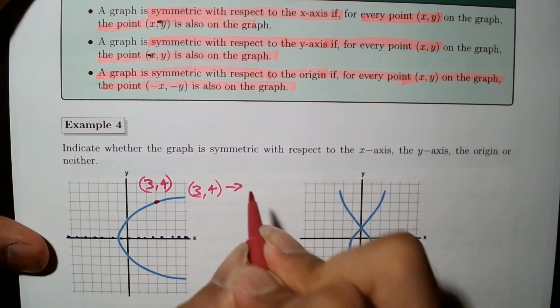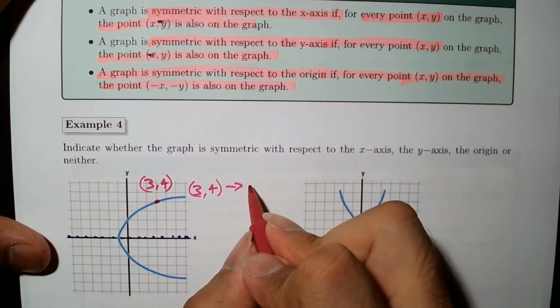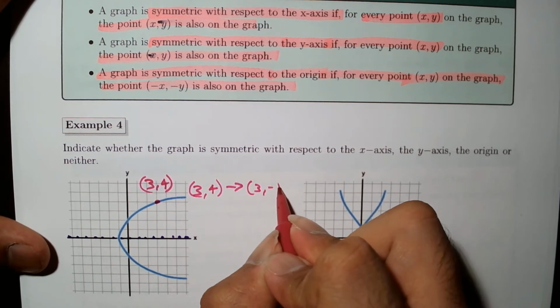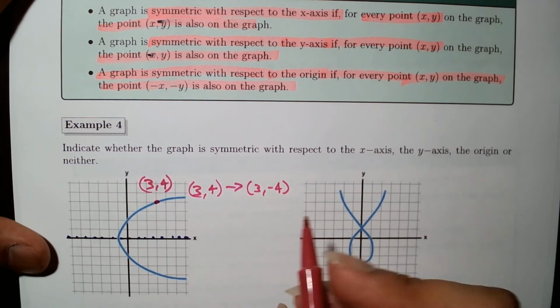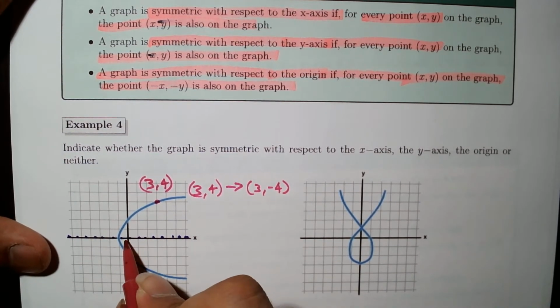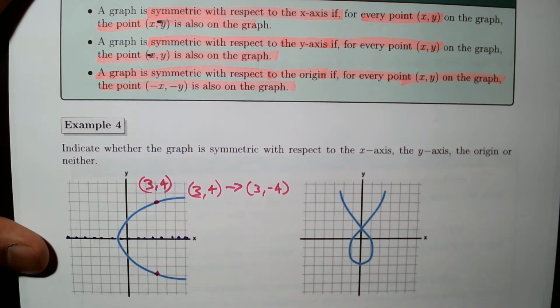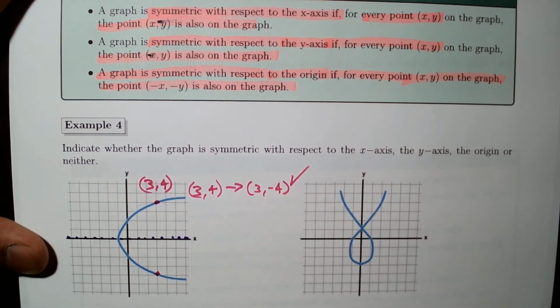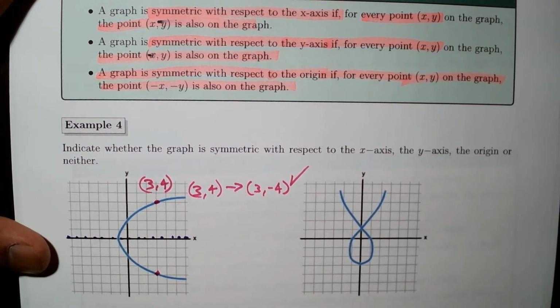What happens if I change the sign of the y value, the point 3, negative 4? Now we need to determine whether this new point exists on the graph. So 1, 2, 3, negative 4. It turns out that it does exist. So this is evidence that the graph is symmetric with respect to the x-axis.